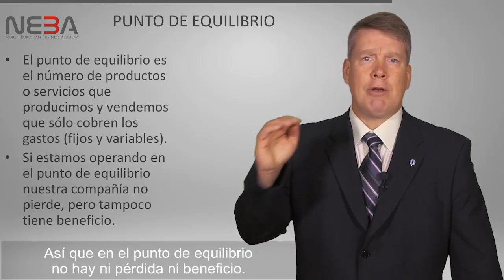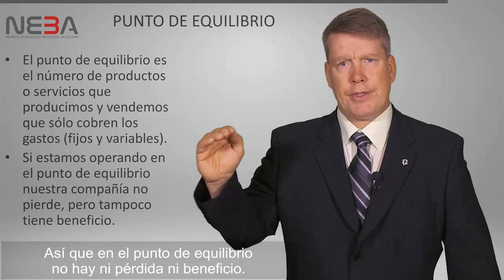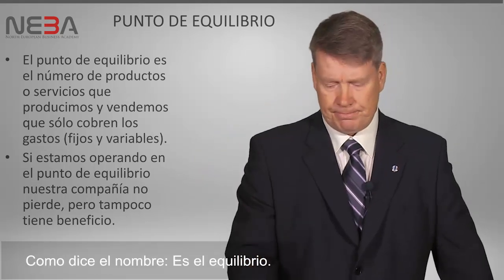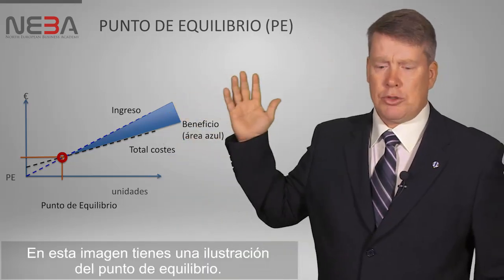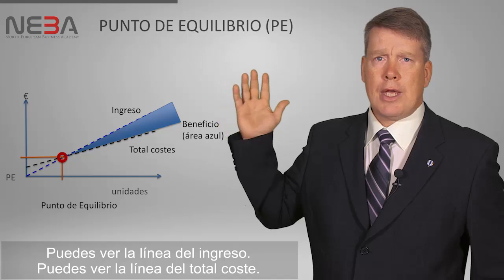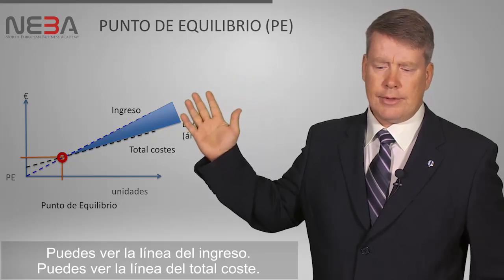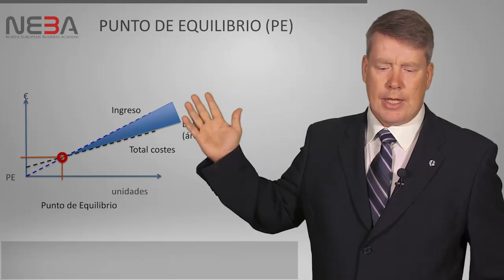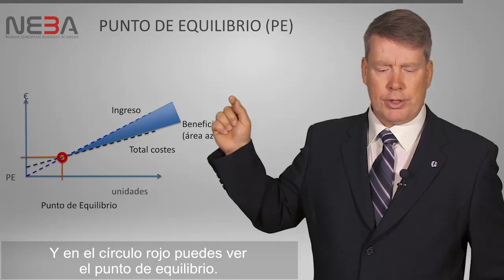So at the break-even point, there is no loss or profit. It is break-even, like the name says. In this picture, you have an illustration of the break-even point. You can see the income line, the total cost line, and the blue area, which is the profit area. In the red circle, you can see the break-even point.